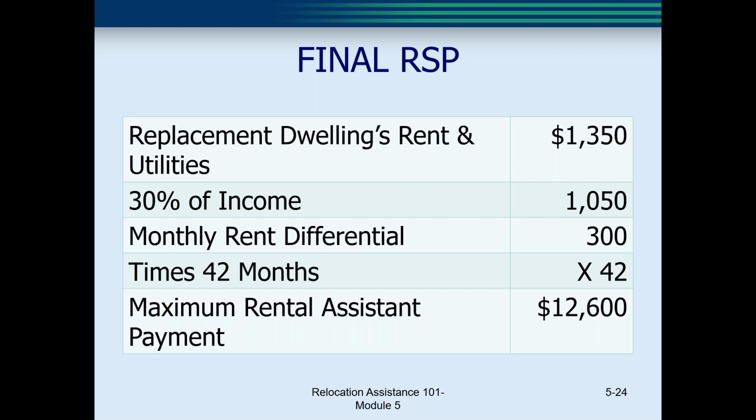Now you notice that amount is lower than the maximum that you calculated. But remember, when it comes to relocation, they need to spend it to get all of it. So what they will actually be able to receive is just the $12,600.